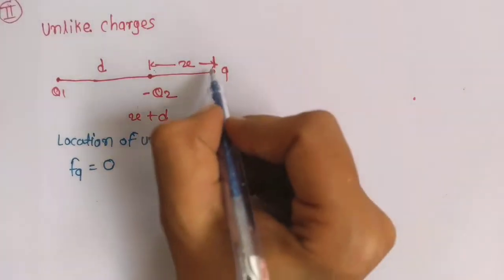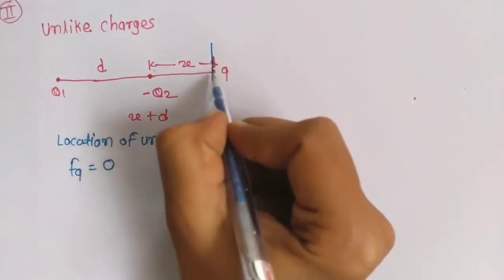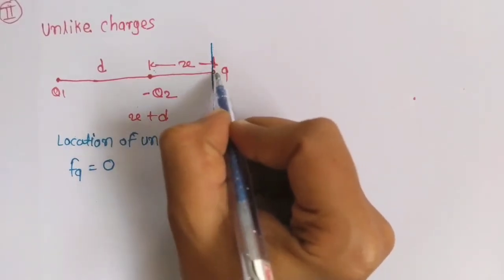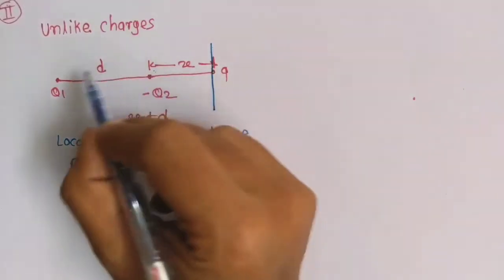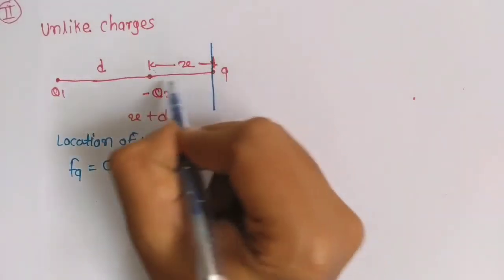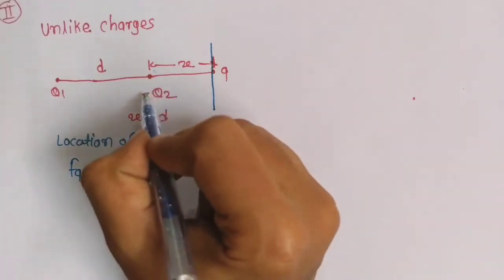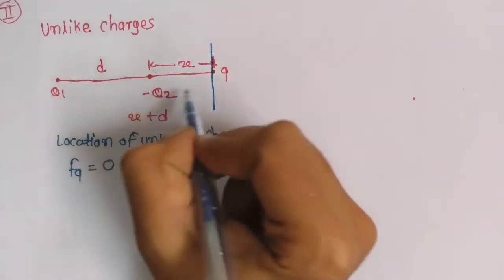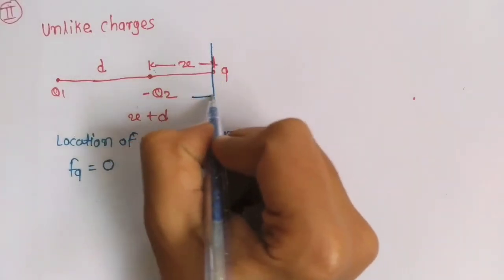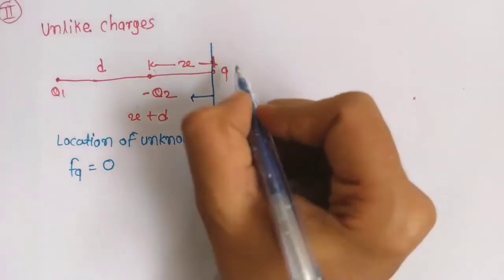So first we find the net force on it, due to the charge minus Q2 and the charge Q1. First we find the force on the charge Q due to the charge minus Q2. Both have opposite signs, so they attract each other and the direction is towards the charge Q2.